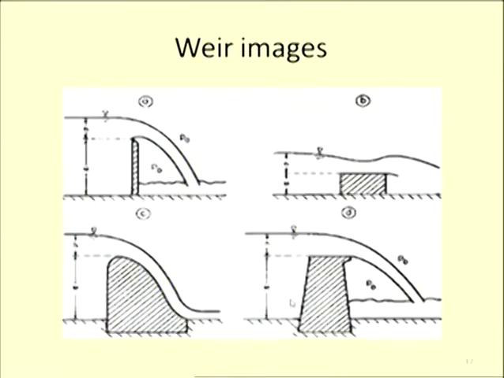Here are a few more images of the weir so that you could be conversant with how a weir would look. Again, this is similar to the one we have seen in the previous slide, but think that this is where the flow is taking place. Now the B is only a wall constructed, but the wall is very broad here.